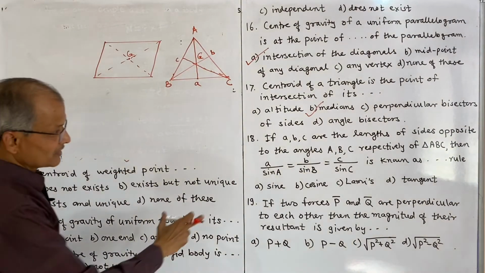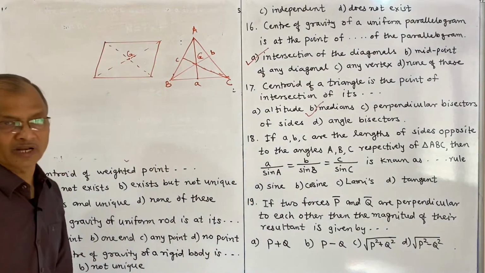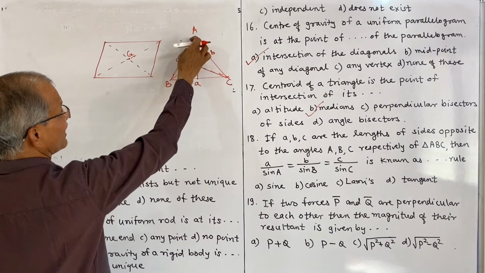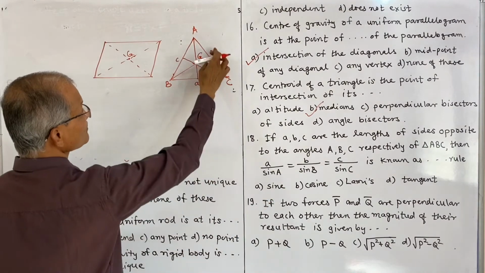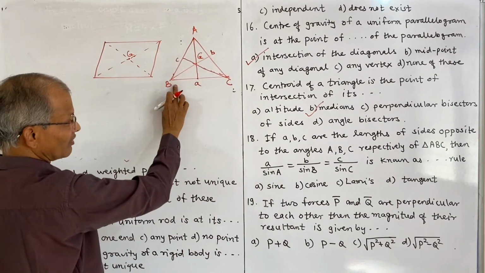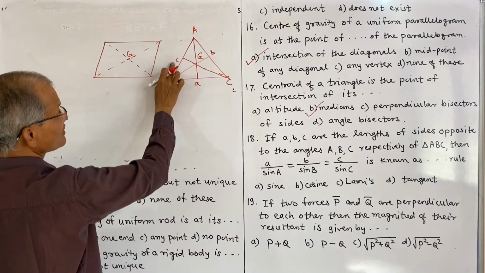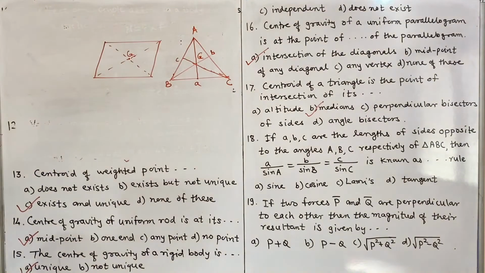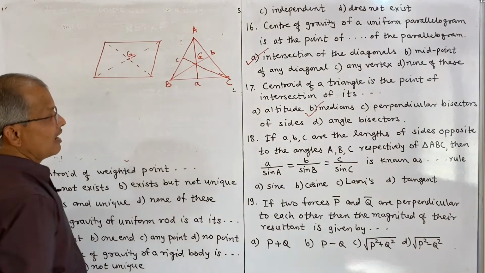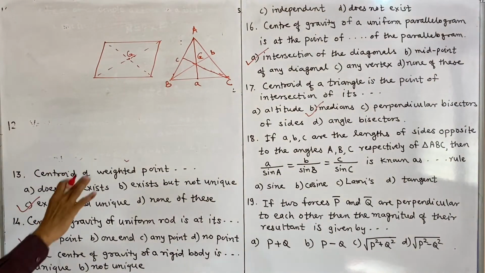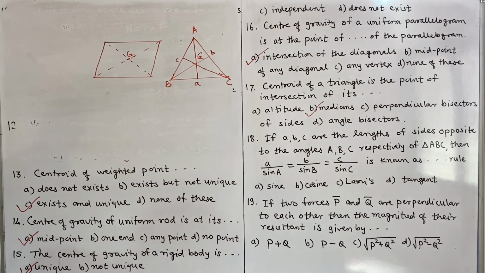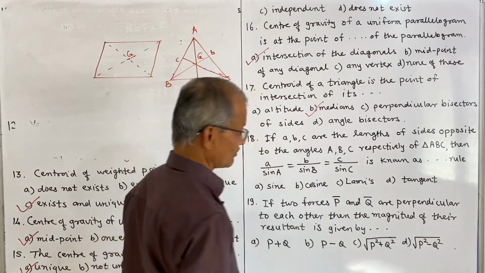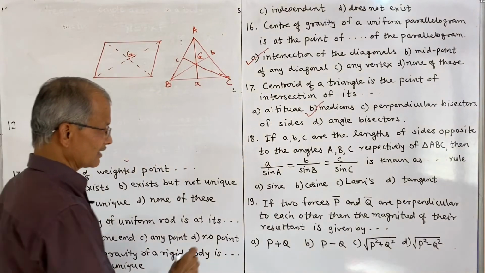Then a divided by sine of angle A is equal to b divided by sine of angle B, is equal to c divided by sine of angle C. These are all proportional, and this is known as which rule? Sine rule, cosine rule, Lami's rule, tangent rule. So the correct alternative is sine rule.